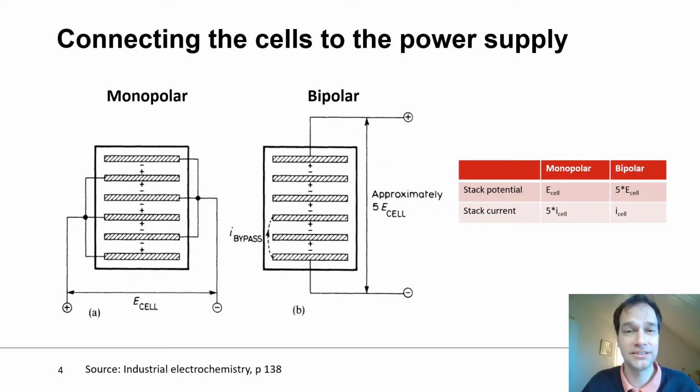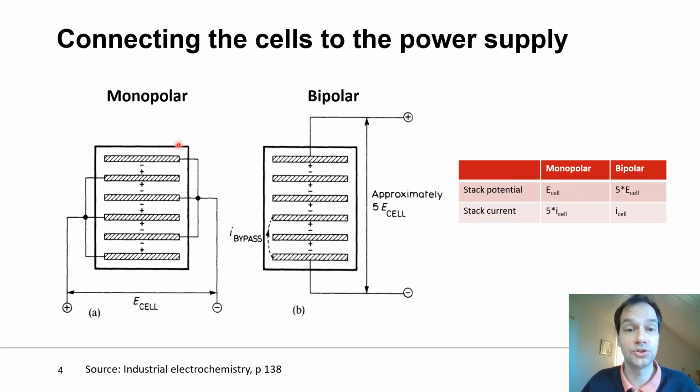A key question is how you connect the stack electrically. There are two possibilities. You can either do it in a monopolar way or in a bipolar way. Let's start with the monopolar. In the monopolar way, you connect every anode and cathode. For example, here you see the connection of the anodes, the positive electrodes, and every one of them is connected.